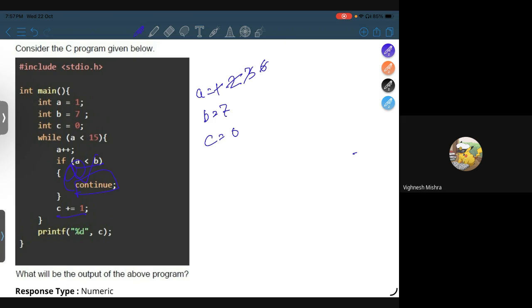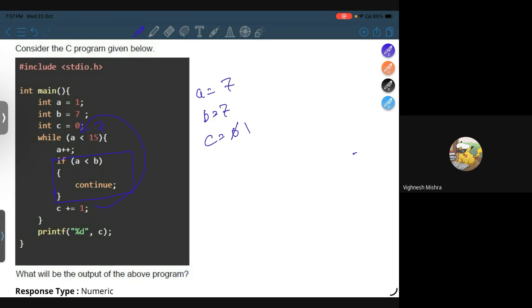Fine. So once A becomes 7, this loop won't matter. So this is 7 now, and this will increment C by 1. In 7, it checks.